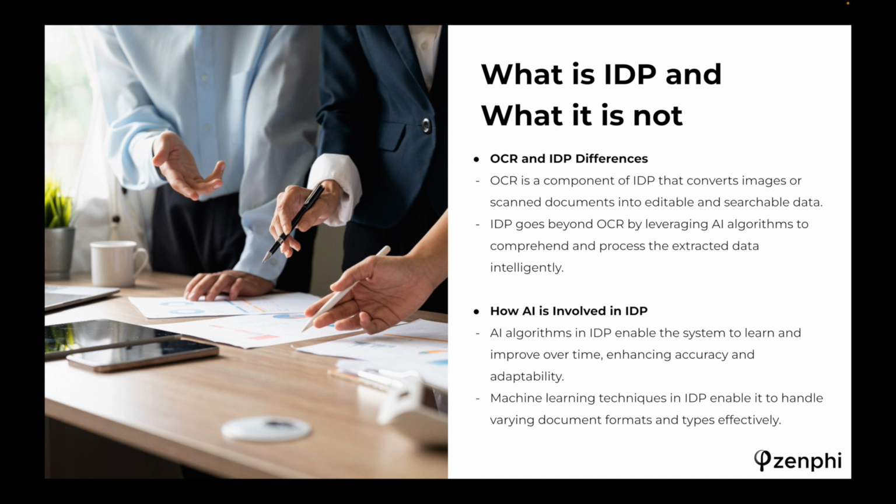As I mentioned, that technology has been there, but with modern-day documents coming in different formats and being very fluid, that's when IDP comes in, which not only extracts the information, but leverages AI algorithms to correlate that information and present it in a meaningful manner to us.